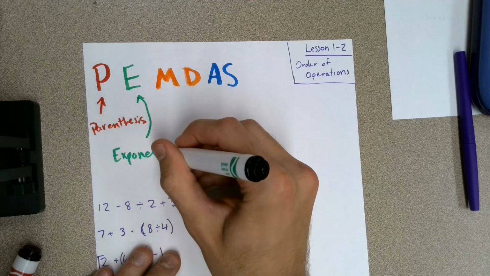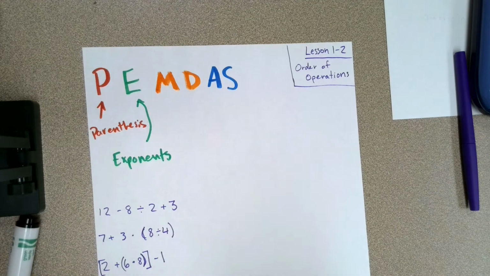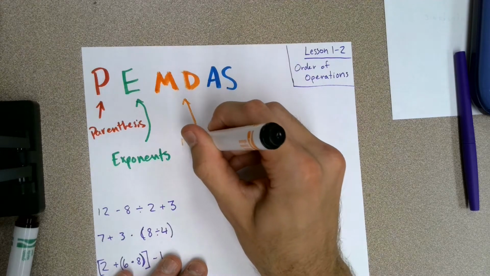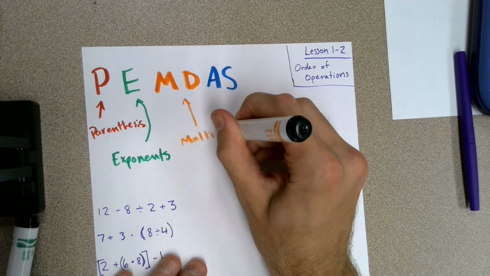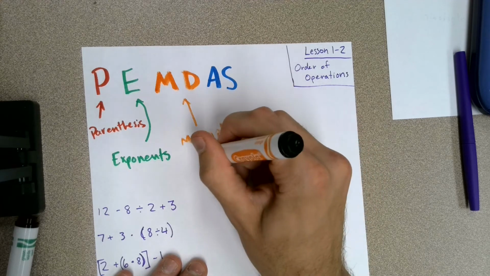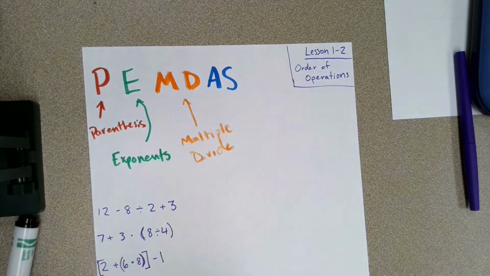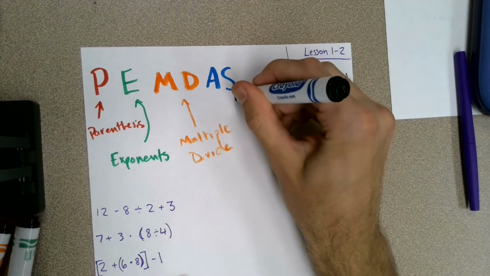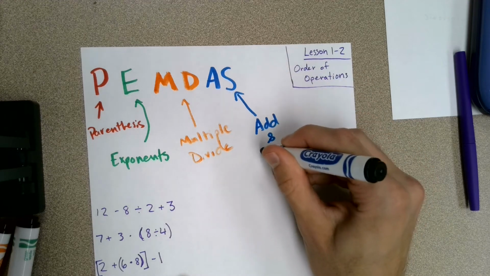And I will explain, I promise. Exponents. This one you'll be able to understand. MD stands for, marker's bad, multiply and divide. And if you knew that, then you got to guess that A and S stands for add and subtract.